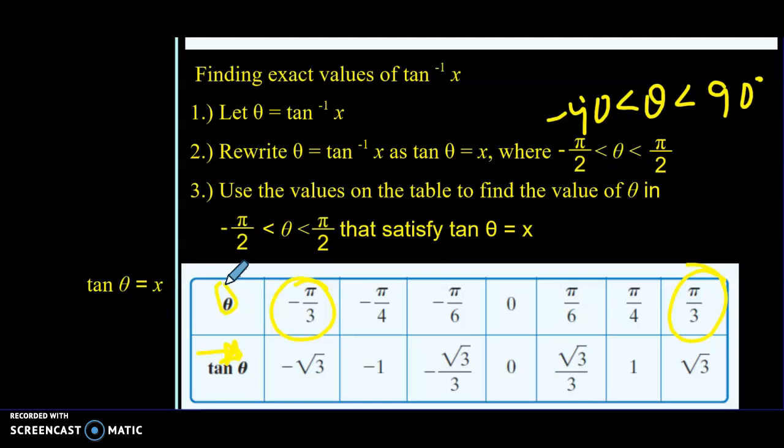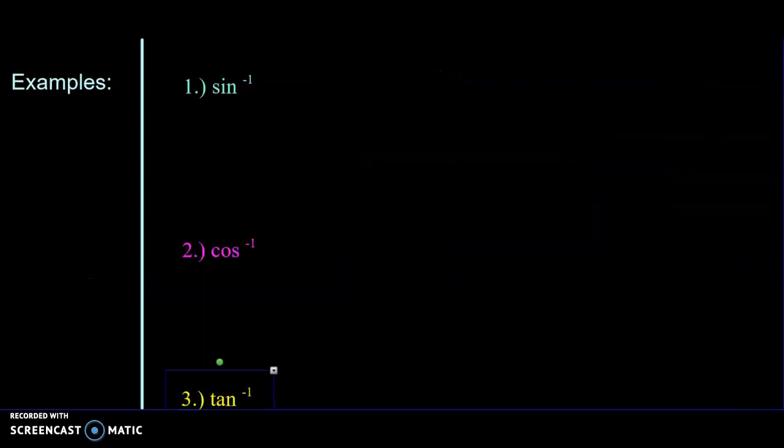So let's look at some examples. First example we're going to look at is when sine inverse equals negative square root of 3 over 2. Okay?